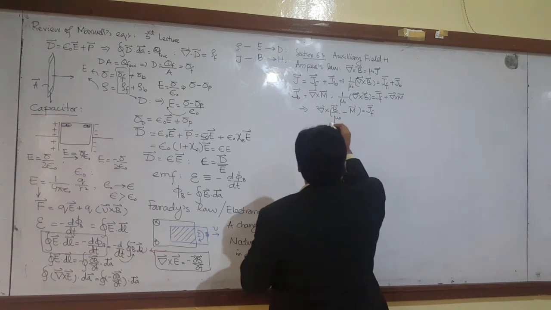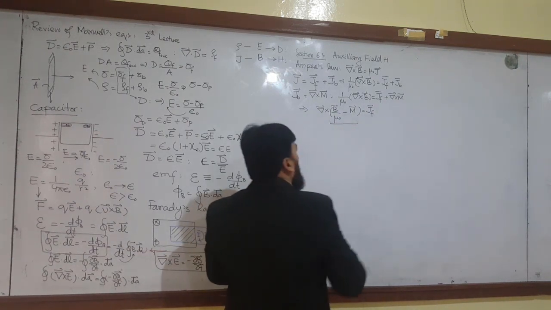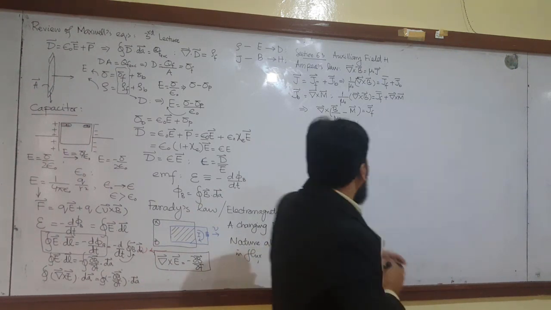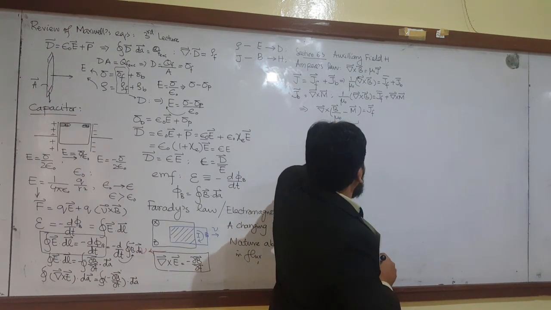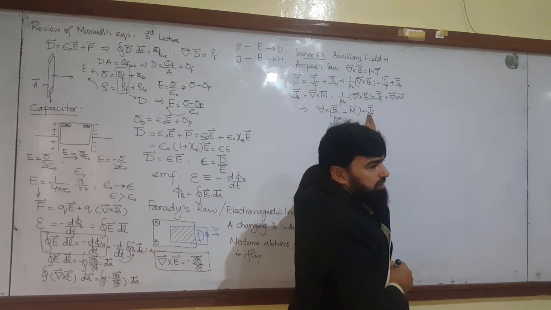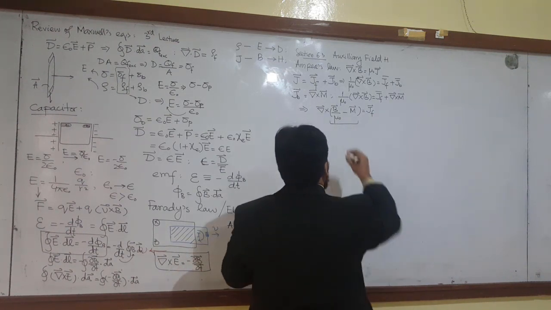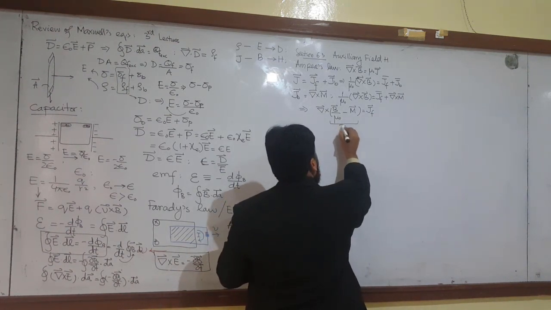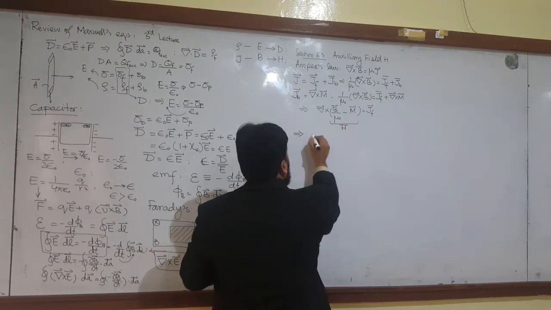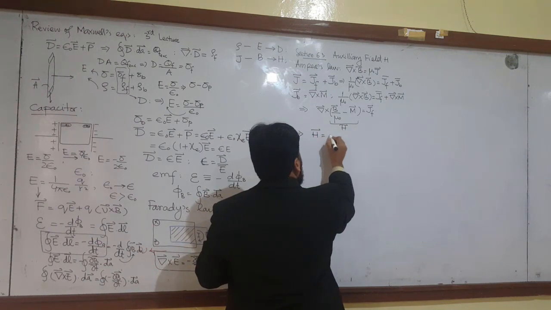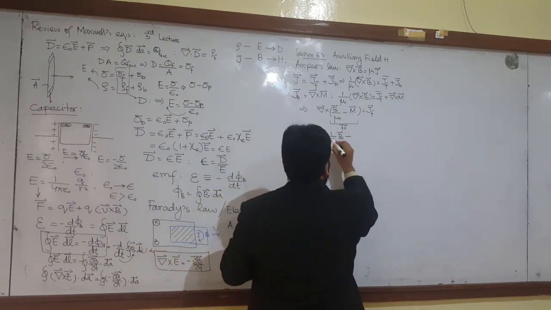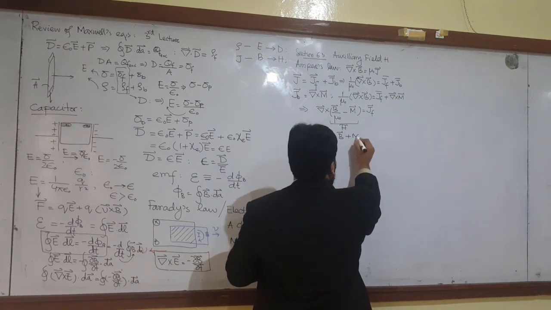So this curling term, as I defined earlier for D, is due to the free current density, and I define this thing as H, which I call the auxiliary magnetic field. This will give H equals 1 over mu naught B minus M, the magnetization.